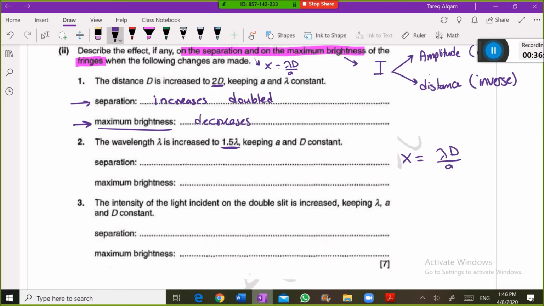If I increase lambda, what will happen to the separation? It increases, right? By 1.5. What about the maximum brightness? What do you think? It stays the same. Who has another answer?